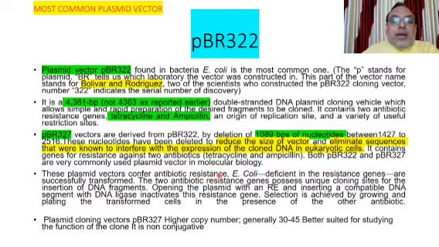This could confer antibiotic resistance, to tetracycline and ampicillin. And there is one plasmid developed from pBR322, which is pBR327, in which a certain segment of 1089 base pairs of nucleotides has been removed between 1427 and 2516.